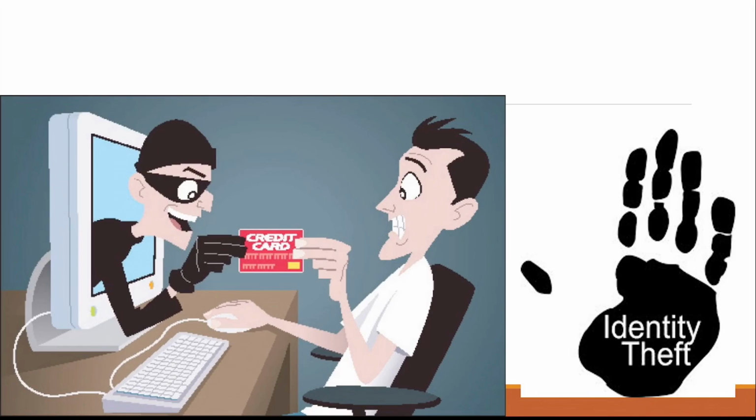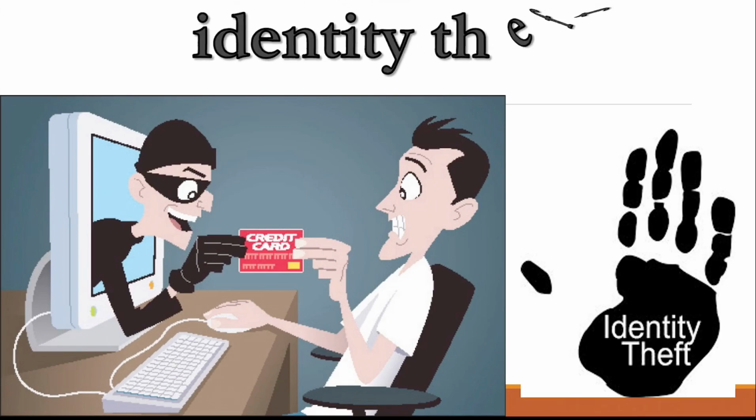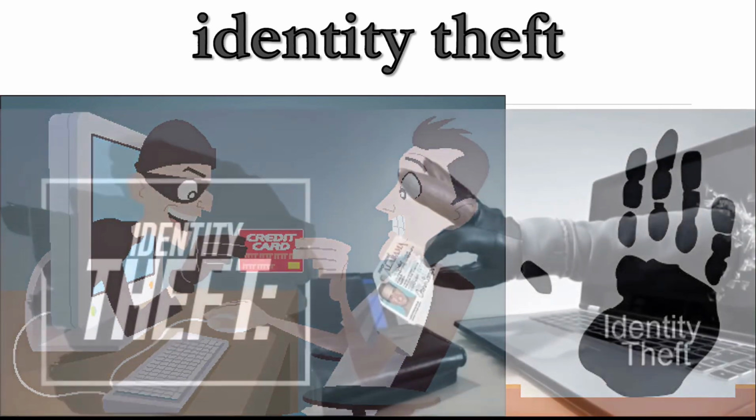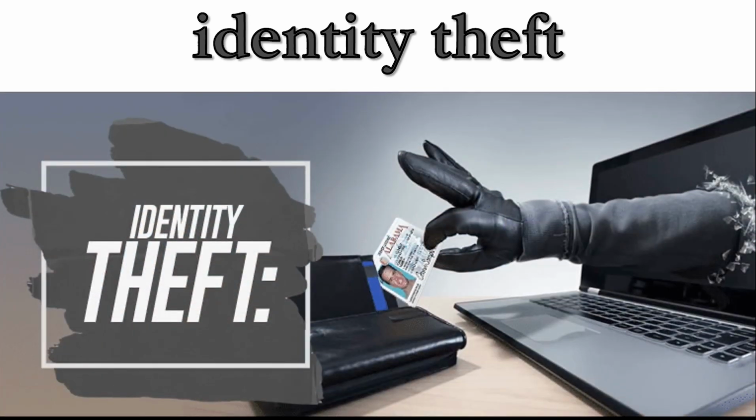Now, some people would ask, what can be stolen from my account, from my computer activity? We have this word, which is identity theft. Okay, they can steal your identity, who you are, your account, and so on. So we call it identity theft, identity theft.